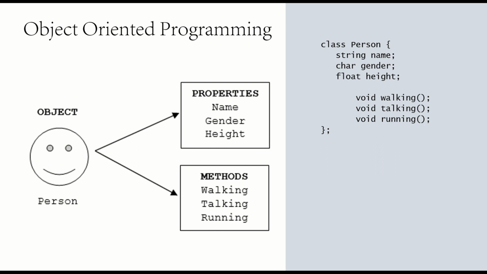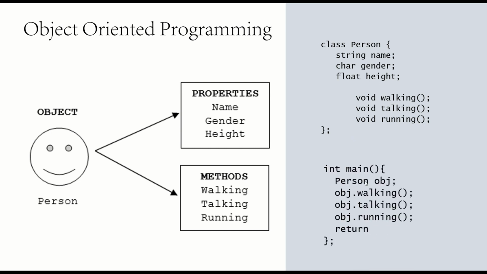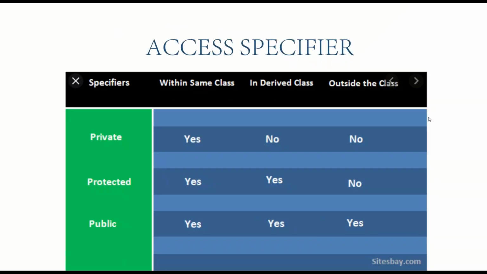Remember, you can't create your object without a class. On the other hand, the object will be created in the main method of the program. So in this example, our class person is now an object with the name obj, and this name will be used to access the members of the functions declared in our class.